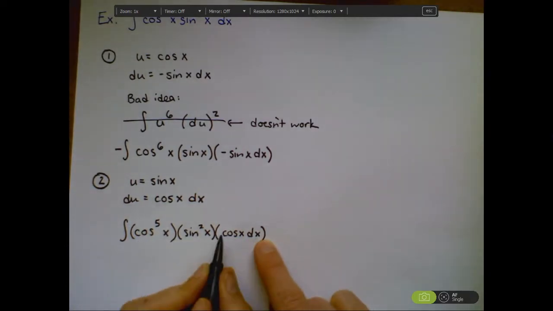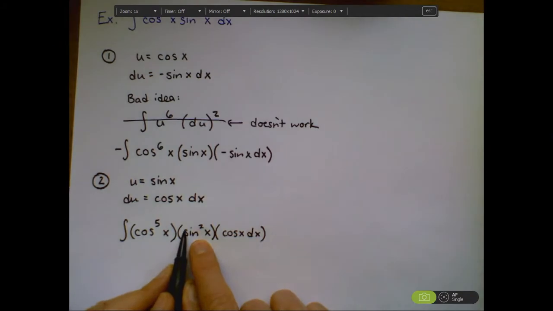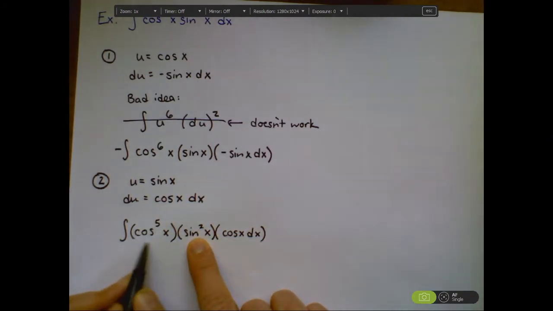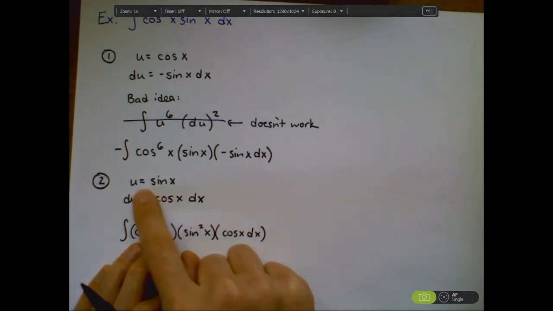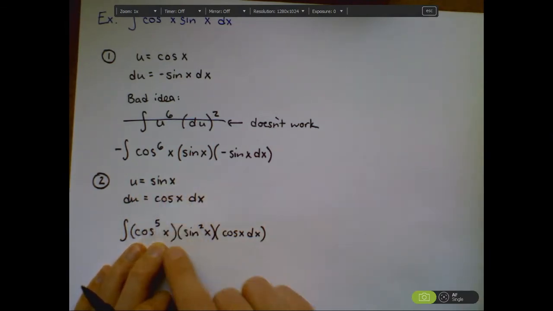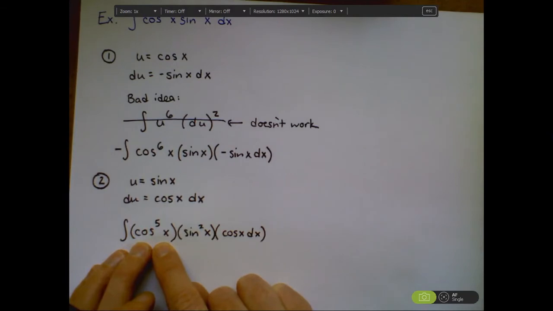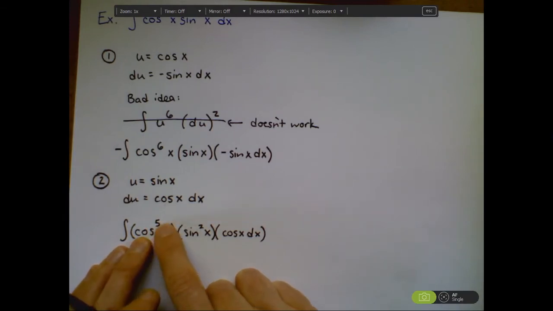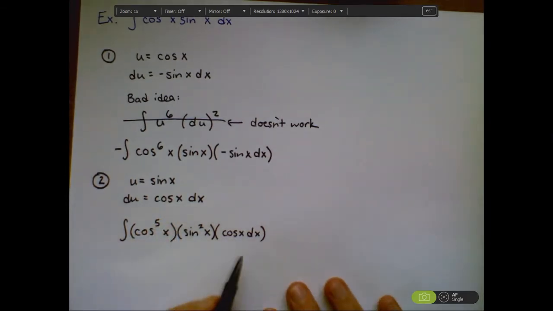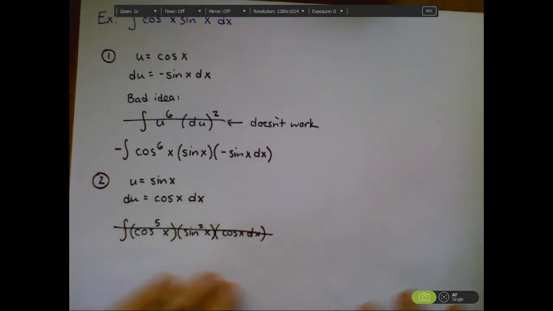So this can become my du. My sine is u, and I need to convert cosine to the 5th into sines, because I need to have everything in terms of sine. And it turns out this also isn't going to work, because I can only deal with it when I have sine or cosine squared and not cosine to the 5th. I could have cosine squared squared, or maybe cosine squared squared squared, but cosine to the 5th is not going to work. So we need to get more clever.